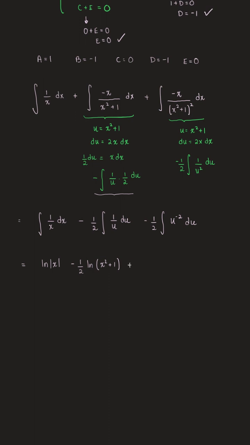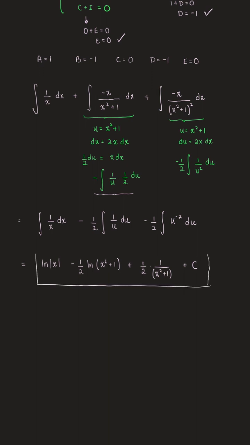So this will become a plus 1/2, and u to the negative 1 will be 1 over u, which in this case was also x squared plus 1, and plus c, and we have finished our integral. Okay, so there it is. That is our final answer.